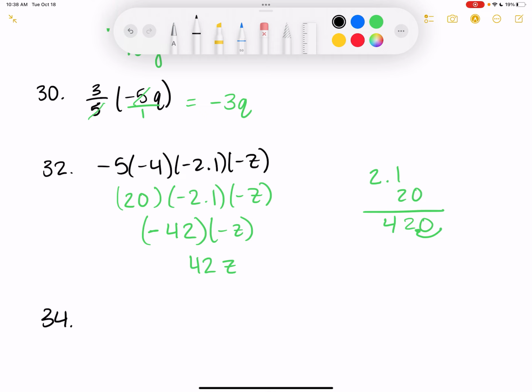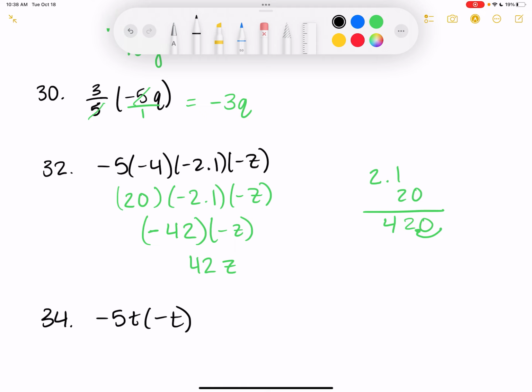34. Negative 5t times negative t. So this one's a little different. We have the same variable, so it's a variable times a variable. Do you remember what that looks like? It's the t, and then it has the squared exponent. Yep. 2 at the little top.